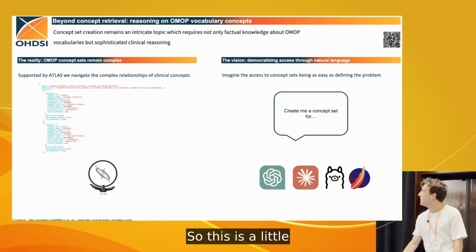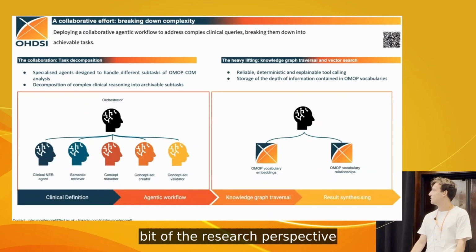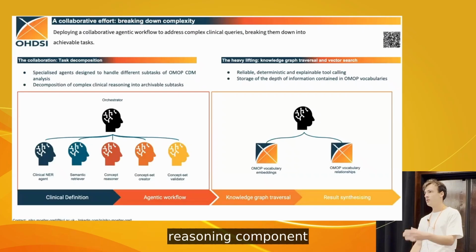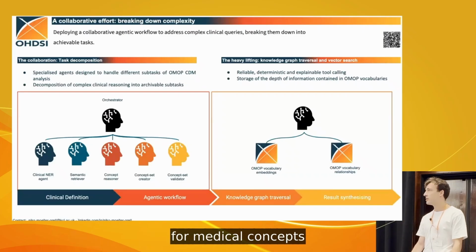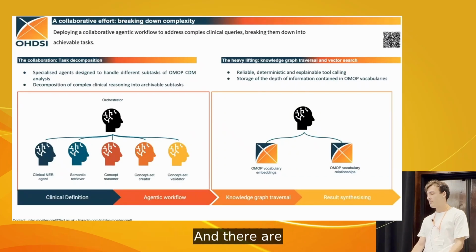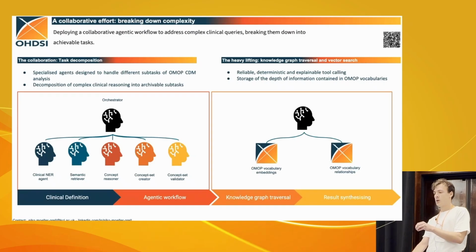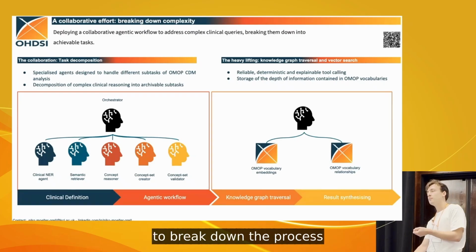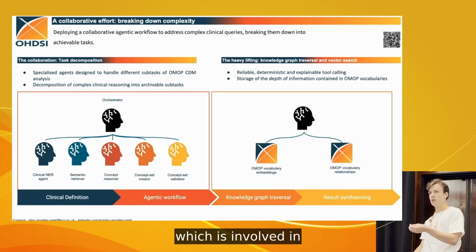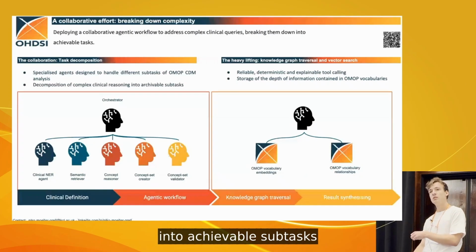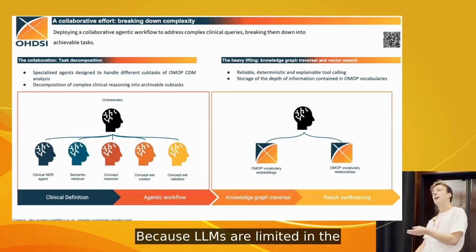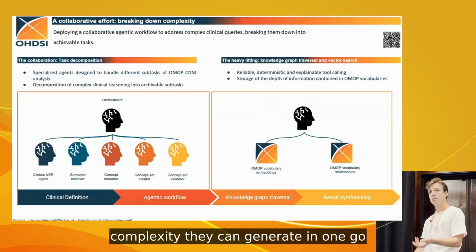So this is a little bit of the research perspective, so what's behind that reasoning component for medical concepts. And there are mainly 2 components involved. First is you need to break down the process which is involved in concept reasoning into achievable subtasks, because LLMs are limited in the complexity they can generate in one go.